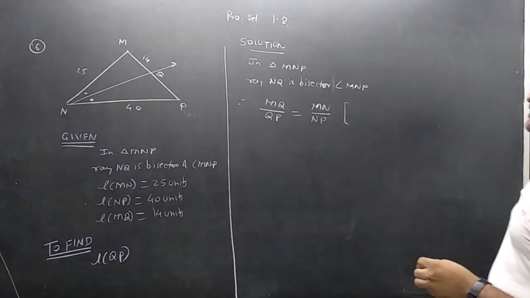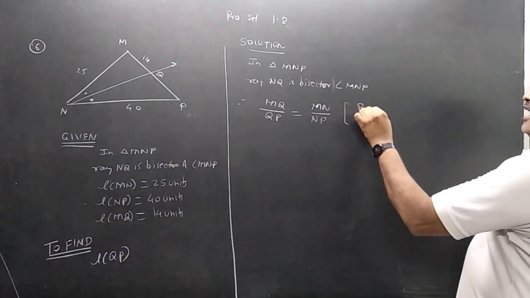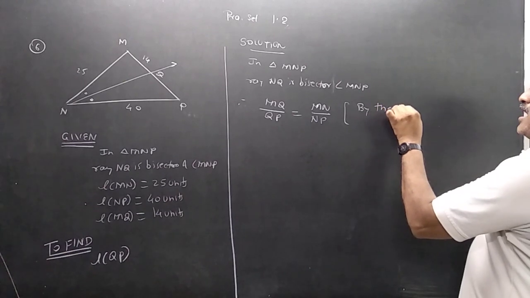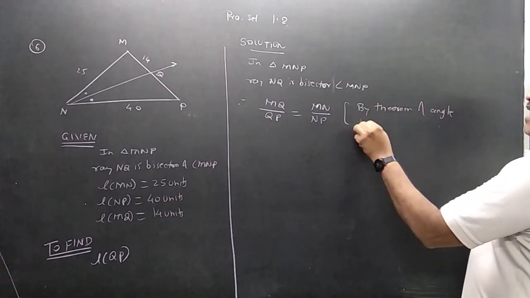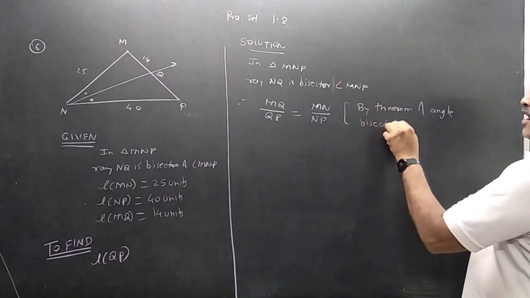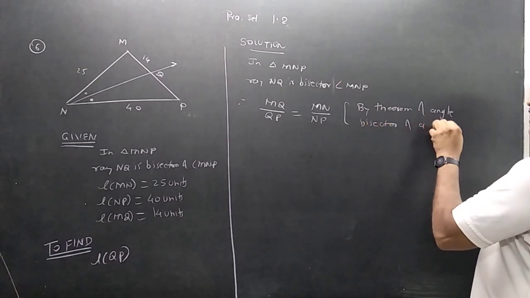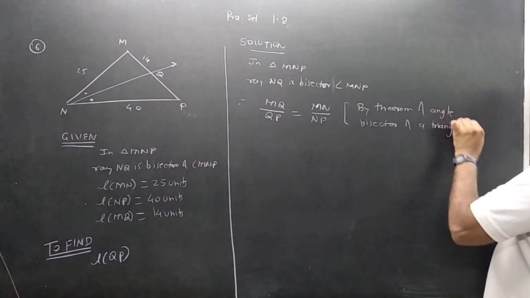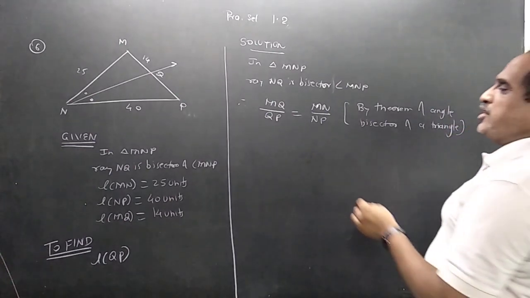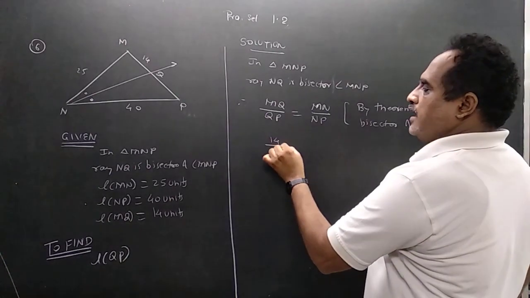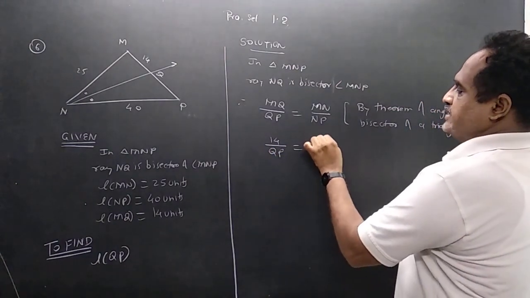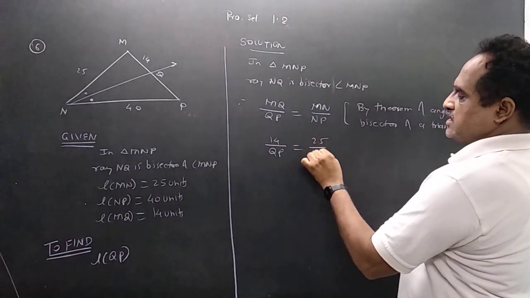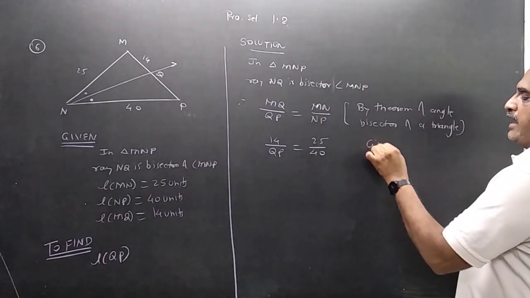The reason for this is by theorem of angle bisector of a triangle. What is the value of MQ? It is 14. QP we have to find out. MN is 25, NP is 40. We are going to write it.